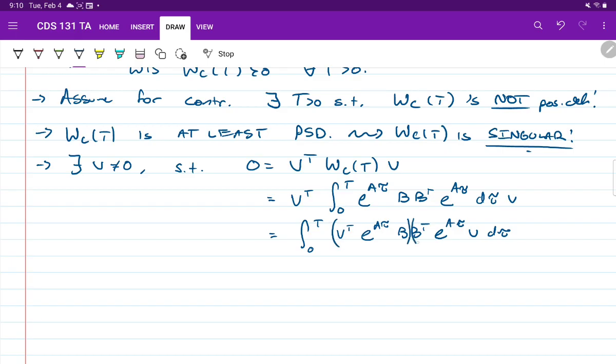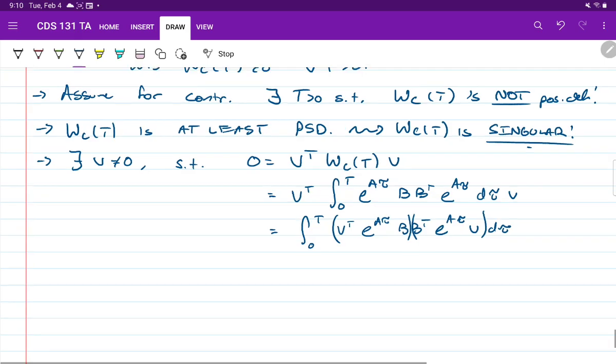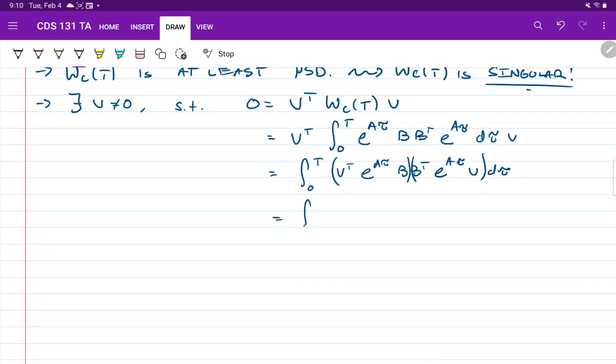This and this are transposes of each other, so I can rewrite this as a 2-norm: the integral from 0 to t of the squared 2-norm of B^T e^{A^T τ} v dτ. Now the 2-norm is always going to be a positive quantity.